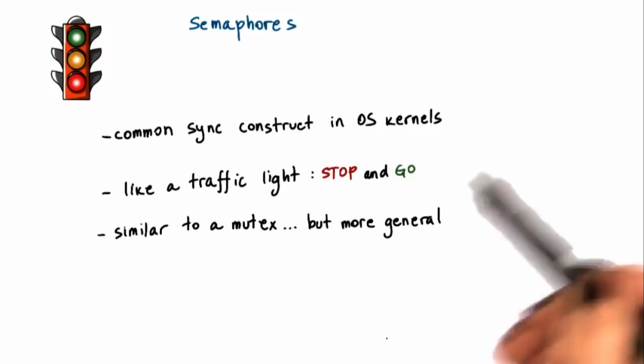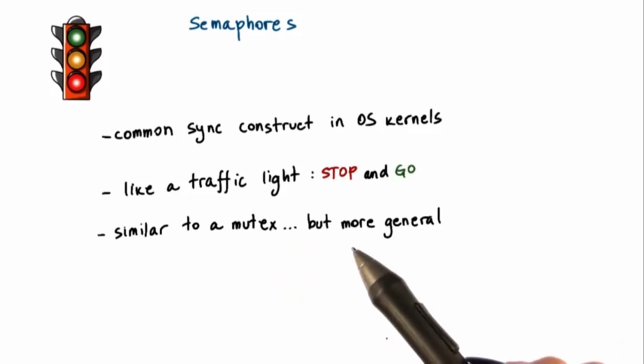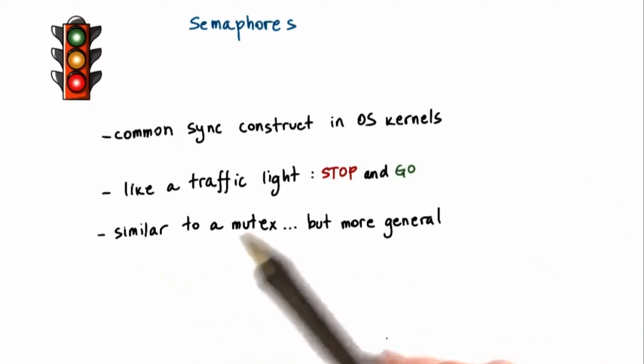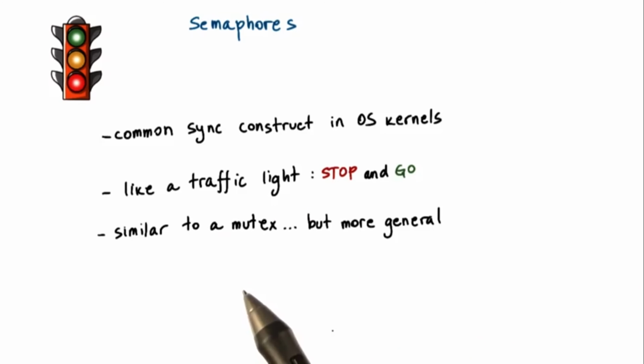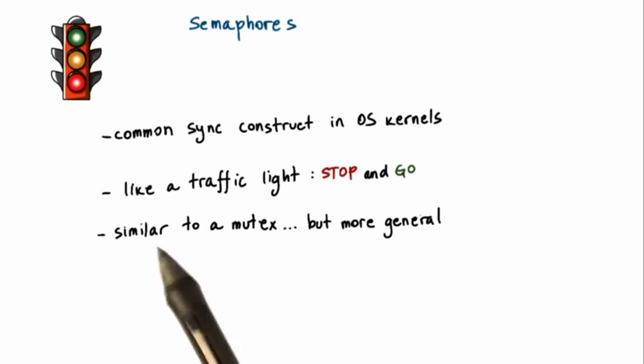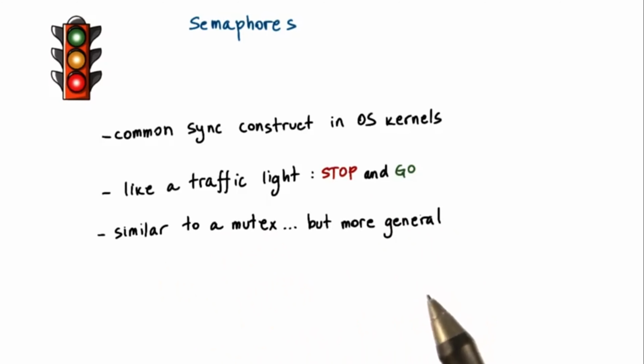It either allows a thread to obtain the lock and proceed with the critical section, or the thread is blocked and has to wait for the mutex to become free. However, semaphores are more general than just this behavior that can be obtained with a mutex, and we will take a look at what exactly a semaphore is a bit more formally next.